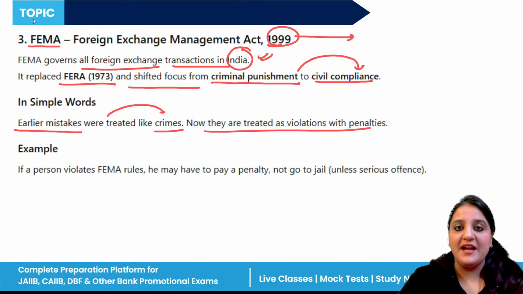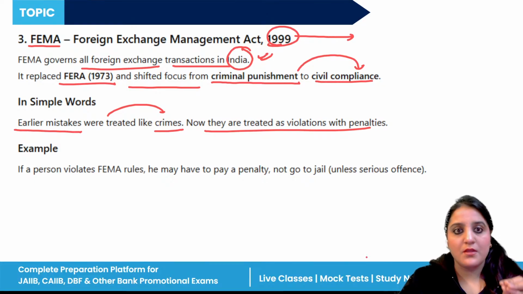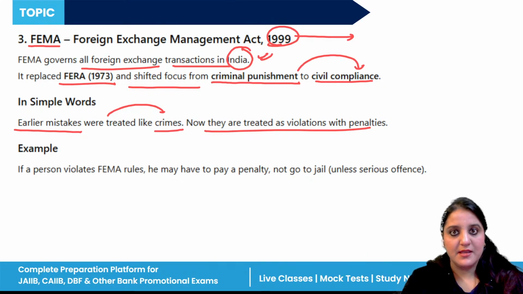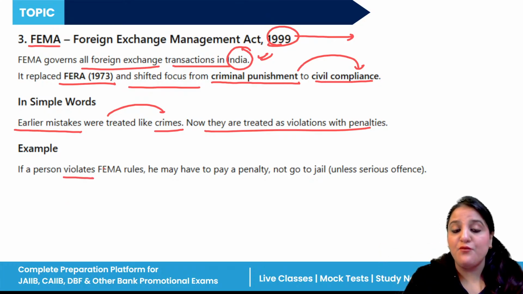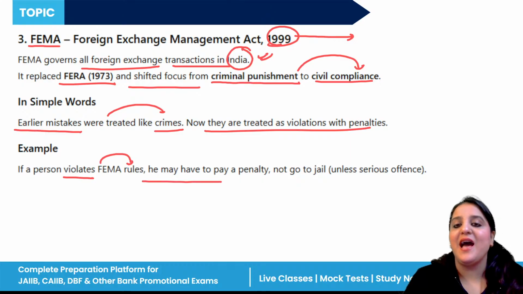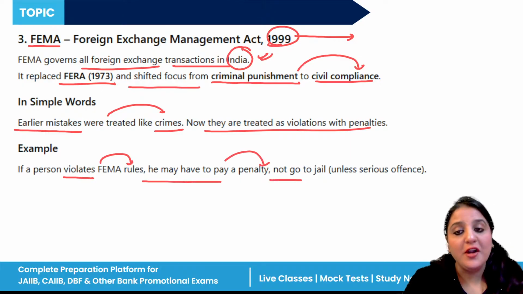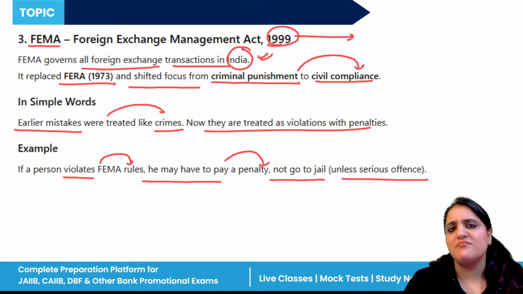Clear? So FEMA now gives directions with civil compliance. If any person violates any FEMA rule, he may have to pay a penalty, not go to jail, unless the offense is serious, right?